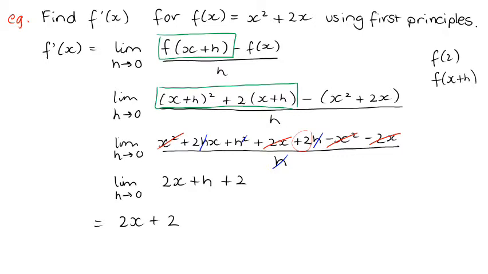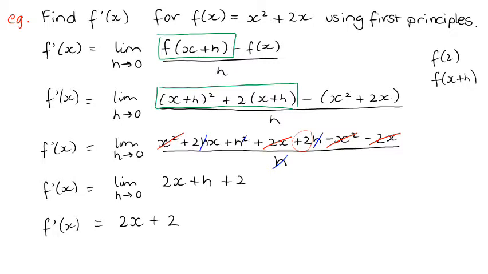How do you write that? What happens to that dy over here? That's only if it's in terms of y equals x squared plus 2x. Our question is in f of x, so we write f dash x.